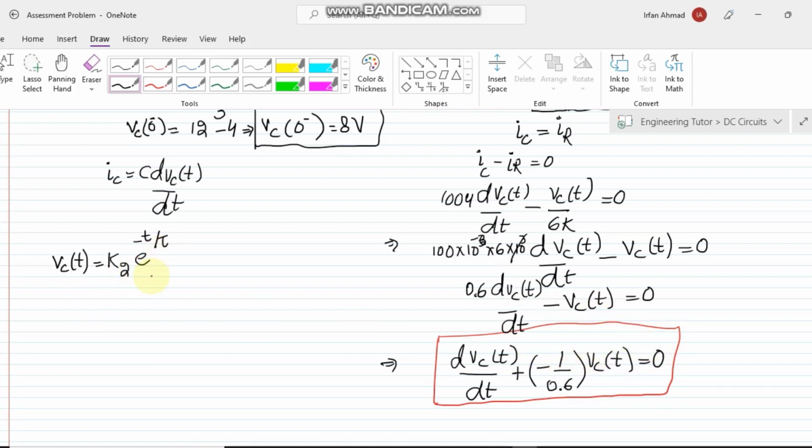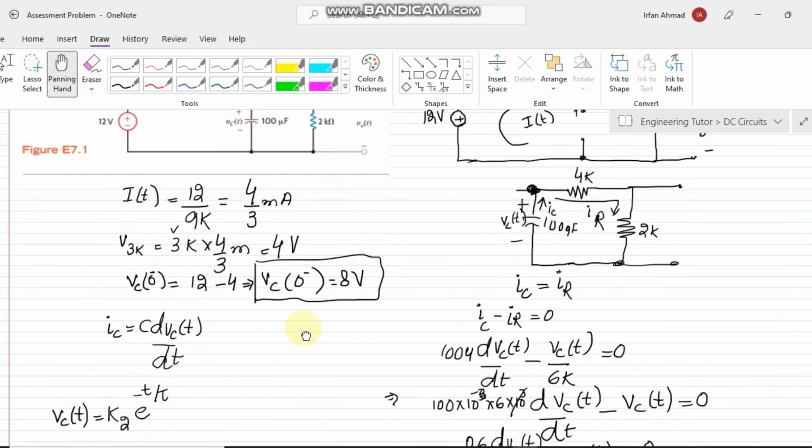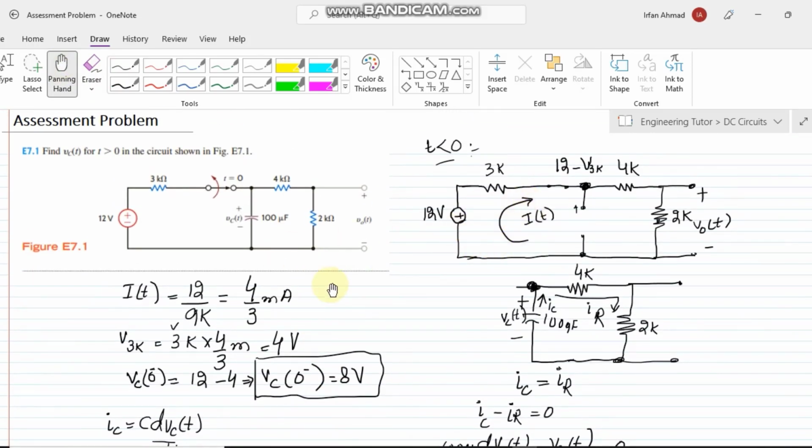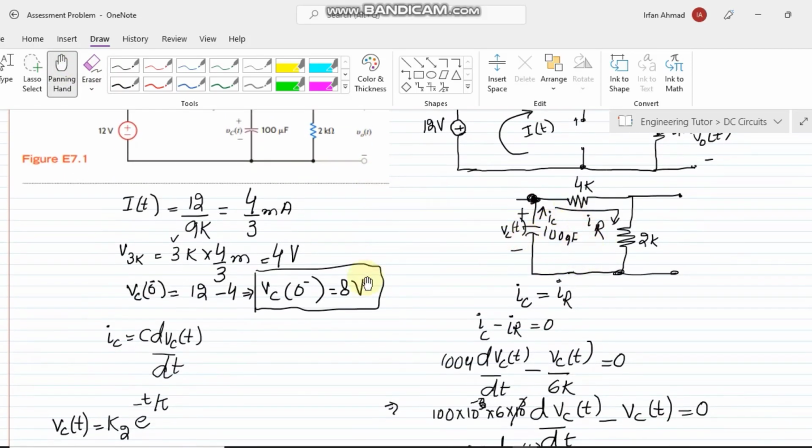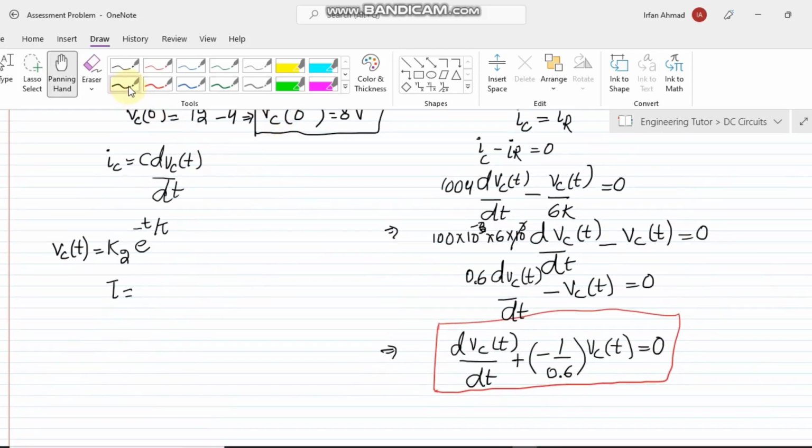In order to find the tau here, we can easily see that this is the RC circuit. So tau in this circuit will be RC. The value of R is 6K, and the value of C is 100 micro.